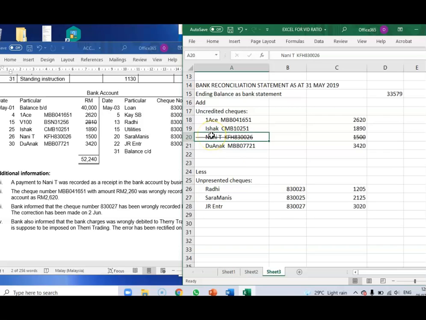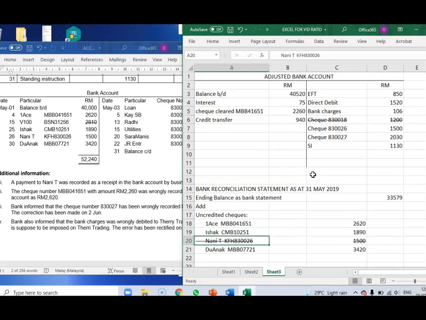Since this transaction is not an error by the bank, it will not be recorded in the adjusting figure of the bank statement. So now we go to the adjusted bank account and look for the Nanity data. So this 830026. Find out the details.